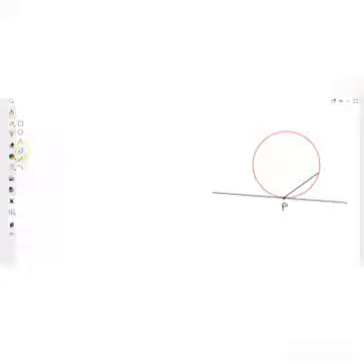Say this is PQ. Now what they are asking is, what is this angle? Say this point is T. So what is angle QPT? How can we relate this to the angle which is subtended by this particular chord?